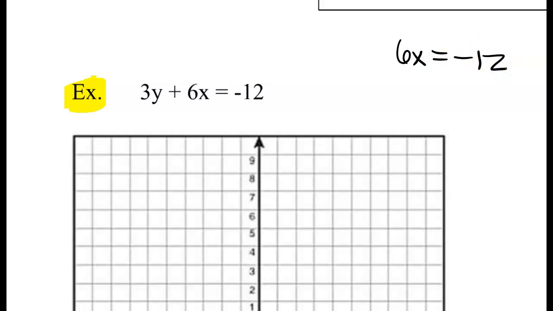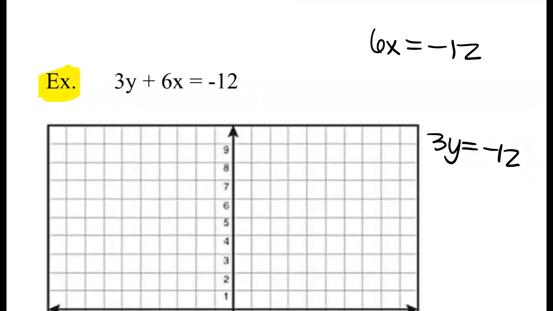That's one thing I'll have to solve. And then another equation with just the y variable, 3y also equals -12. Those are my two equations that I need to solve. Once I solve them, I'll have the x-intercept and the y-intercept. Then we'll talk about what to do with that and how to get it to the coordinate plane.